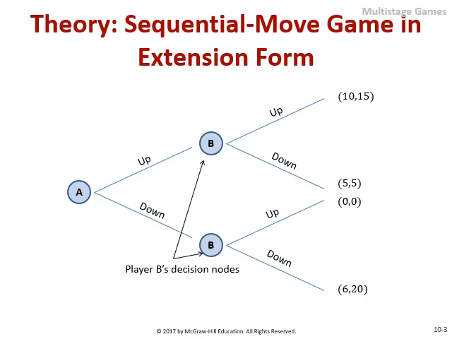So again, in the circles, these are B's decision nodes. In the brackets, payoffs are represented.